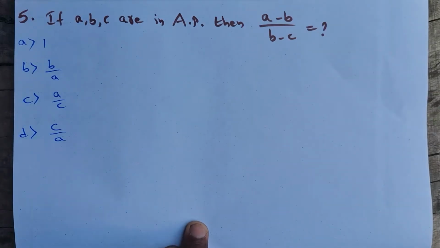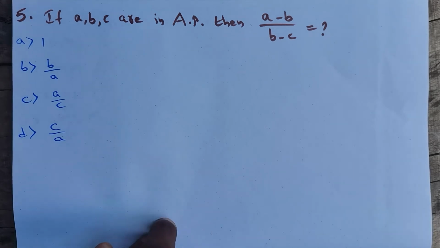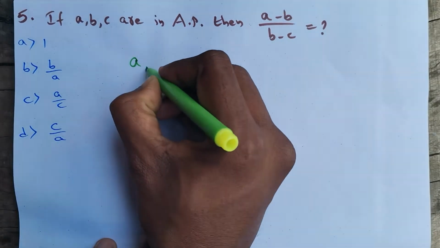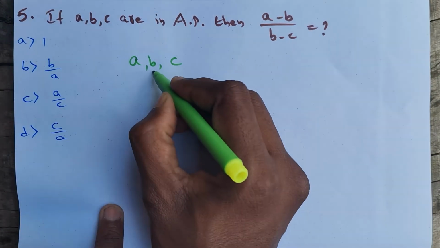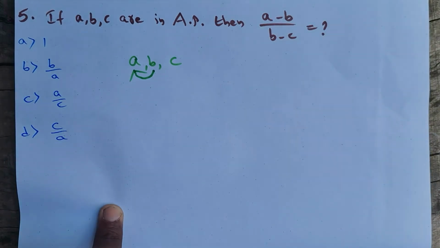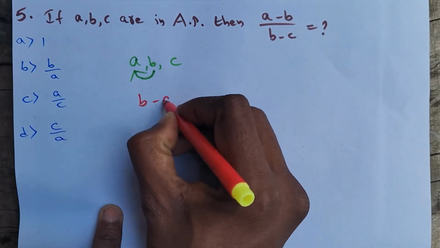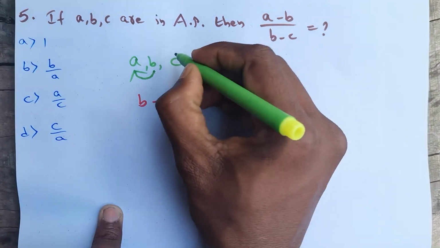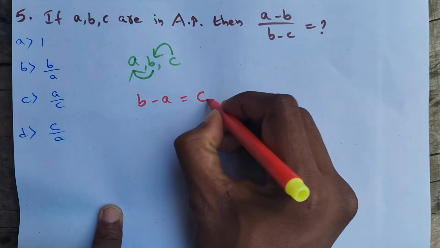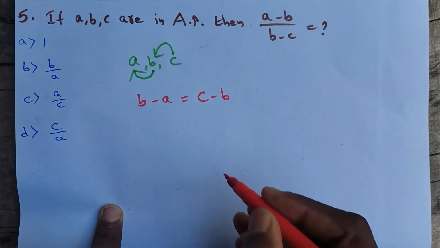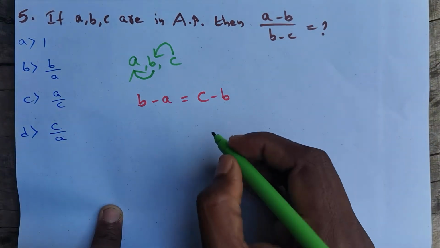Question number 5. If A, B, C are in AP, then (A - B) divided by (B - C) equals how much? He mentioned very clearly A, B, C are in AP. So the common difference is the same, then second term minus first term, that is B - A, is equal to third term minus second term, that is C - B. Now on the RHS C - B is there.